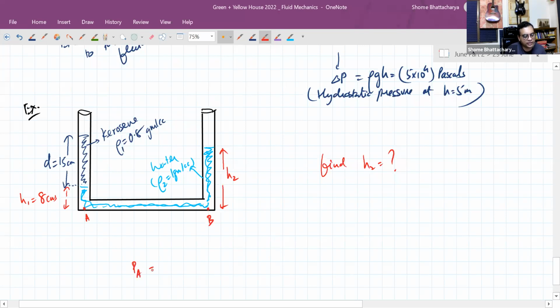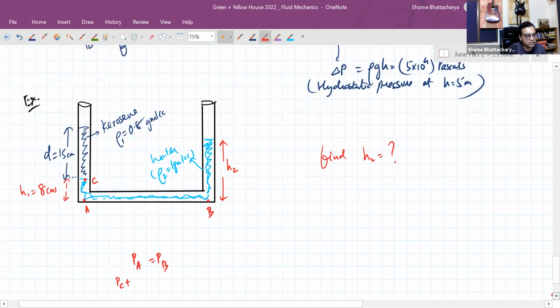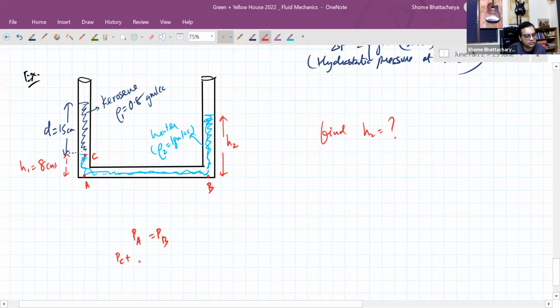So pressure at the point A should be equal to pressure at the point B. Now we introduce an in-between point over here, C. And we can see that the pressure at the point A is equal to pressure at point C plus density of water into G into H1. And pressure at the point B is equal to atmospheric pressure plus density of water into G into H2.